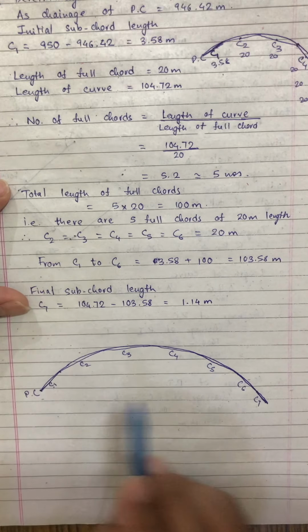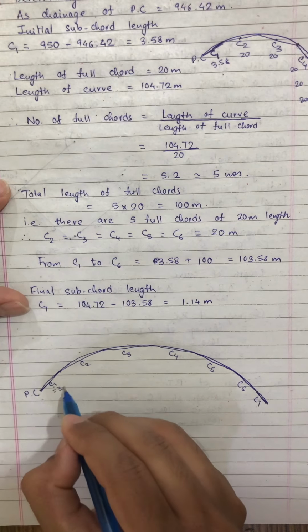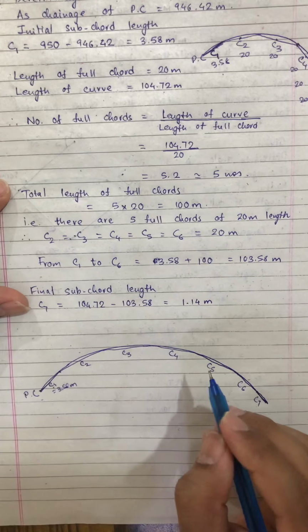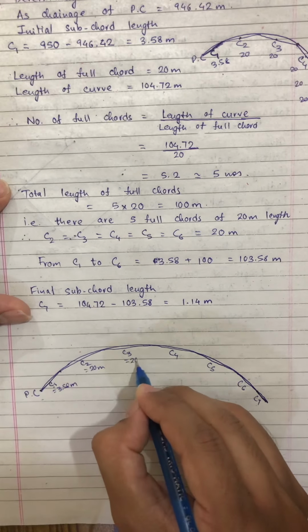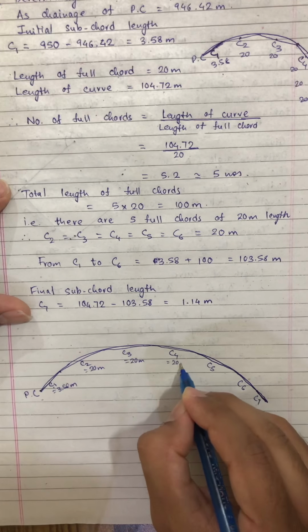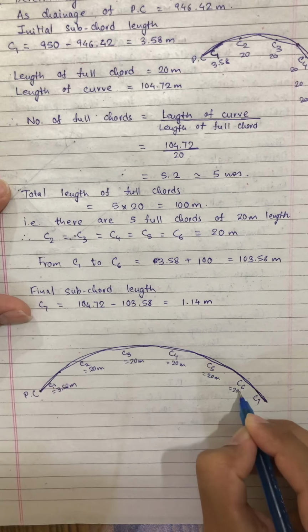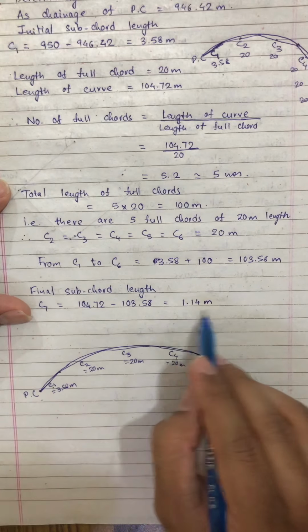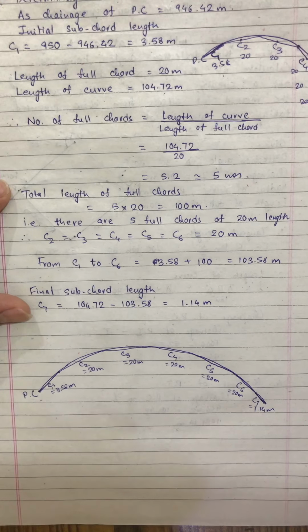So we have C1 and C7 as the subchords, and C1 is equal to 3.58 meter. Then C2 is 20 meter, C3 is again 20 meter, C4 is 20, C5 is 20, C6 is also 20, and C7 came out to 1.14 meter. So this length is 1.14 meter.